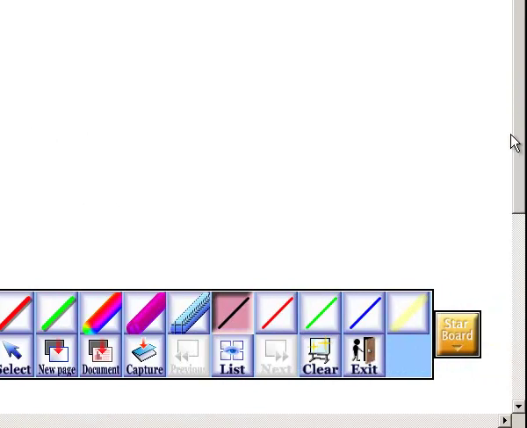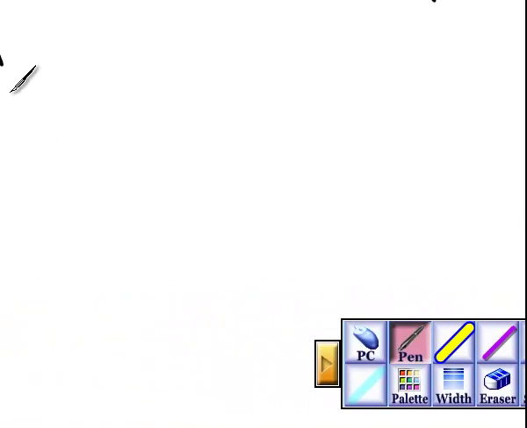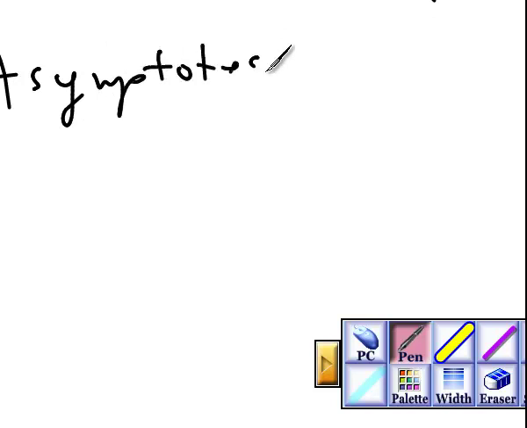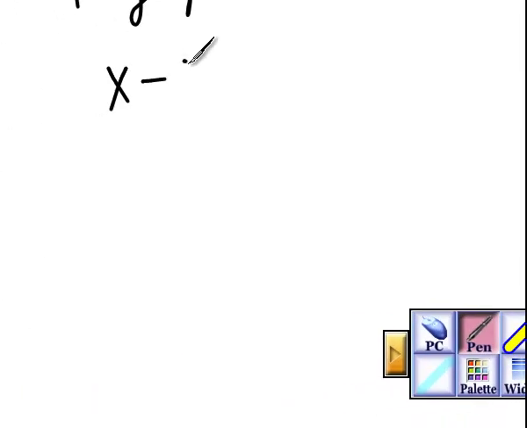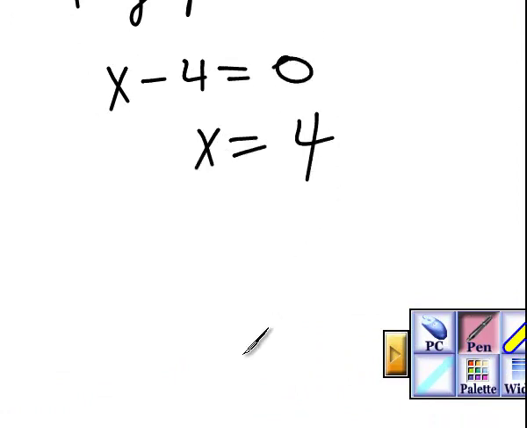All right, now we need our asymptotes. Okay, and let's start with the asymptotes. What do we do here to get our vertical asymptotes? Yeah, solve for the denominator, right? So this would be x minus 4 equals 0, and we get x equals 4.